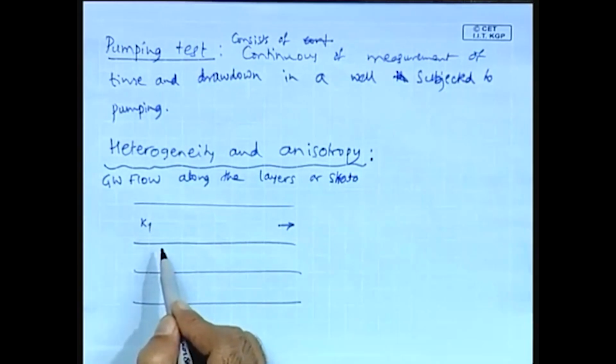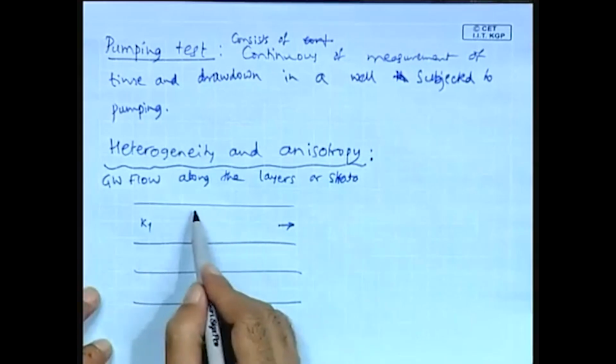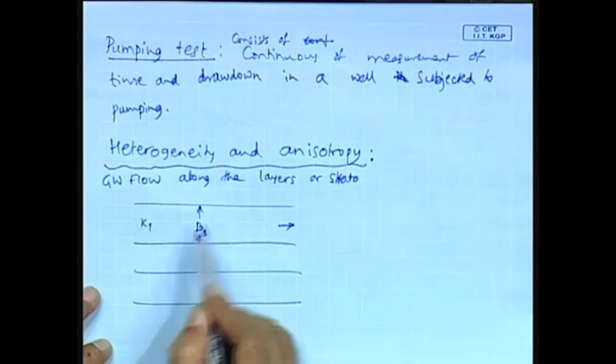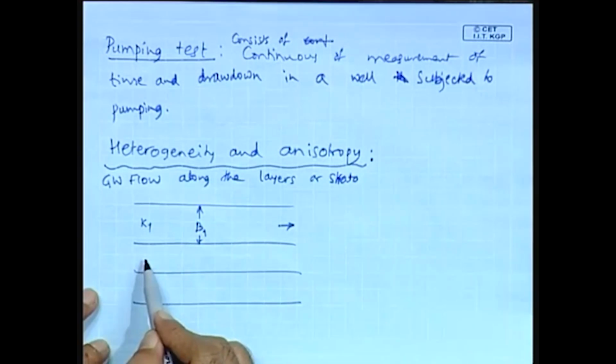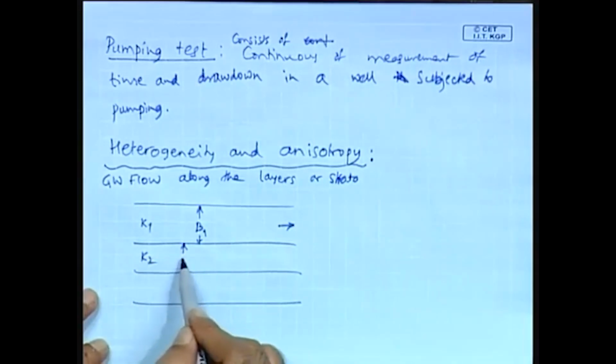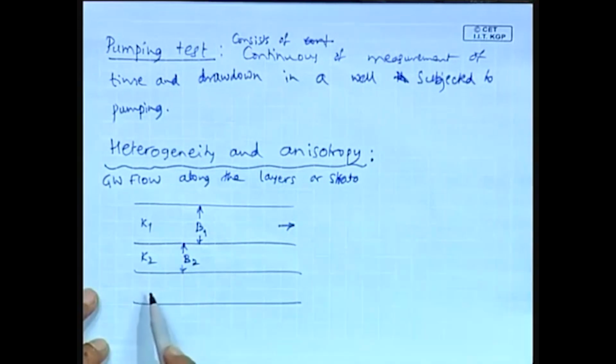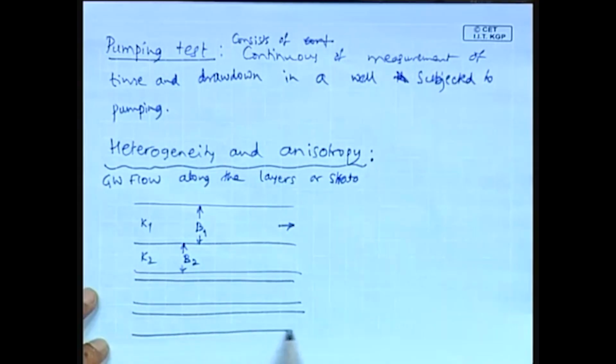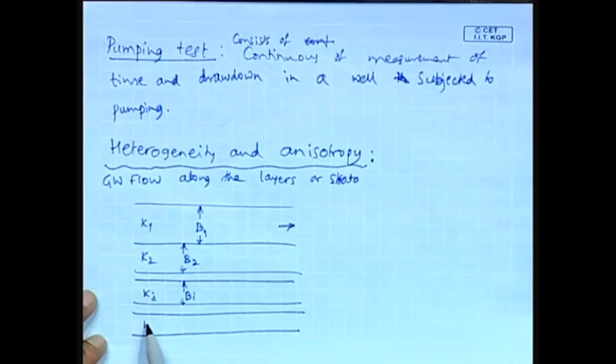The first layer, let us consider the permeability value as K1, and the thickness of this aquifer as B1, and the second layer having hydraulic conductivity K2 and a thickness B2, and then let us also consider an aquifer having a permeability Ki, having a thickness of Bi, and let this be the lowermost aquifer, the nth aquifer, having hydraulic conductivity Kn and thickness Bn.